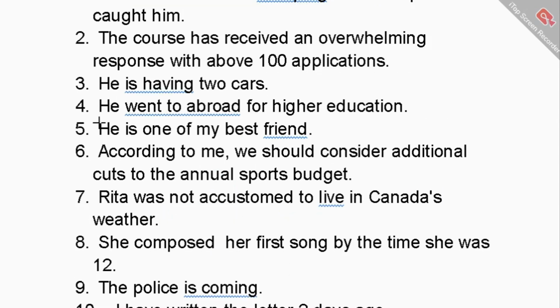Now the fourth one is: he went to abroad for higher education. Now the correction is: he went abroad, not to abroad, because abroad is an adverb and an adverb doesn't take prepositions. The fifth one: he is one of my best friend. Now it should be best friends, one among many, so it should be friends.